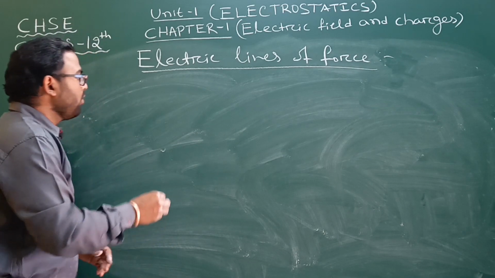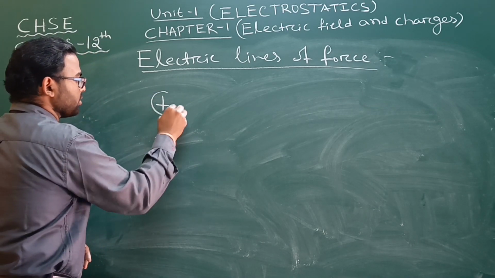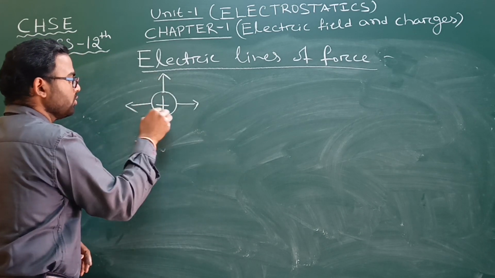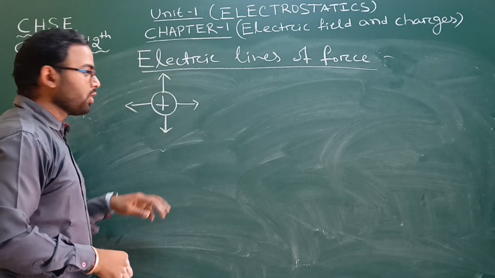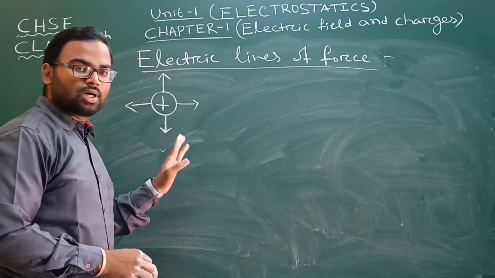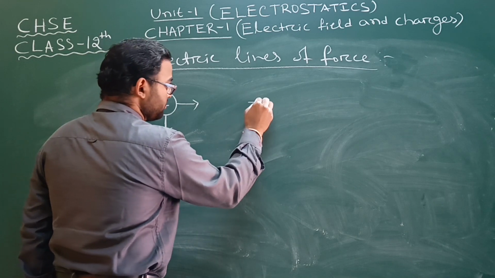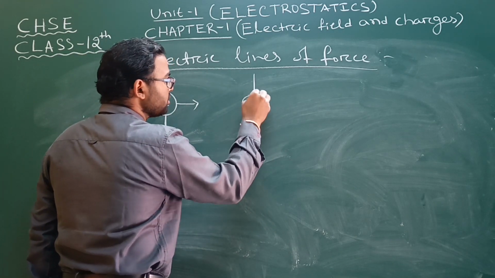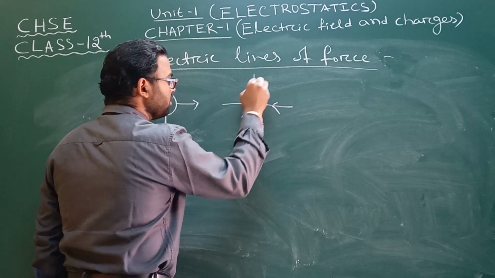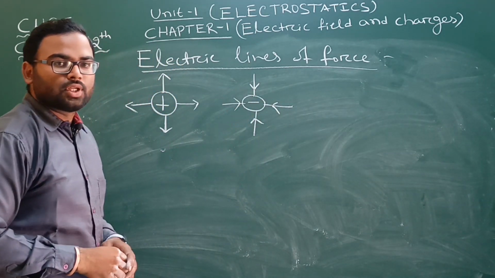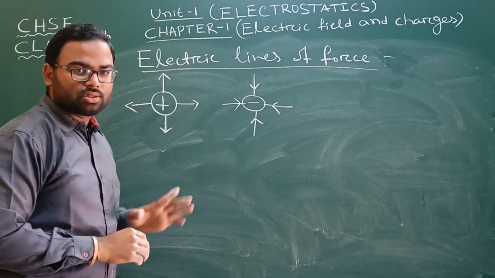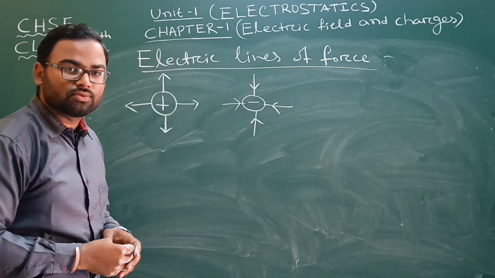Now we will discuss electric lines of force for different charges. For a unit positive charge, electric lines of force are always outward. For a negative charge, electric lines of force are always inward. If we combine these charges, how will the electric lines of force be?